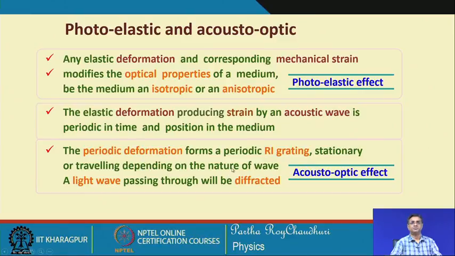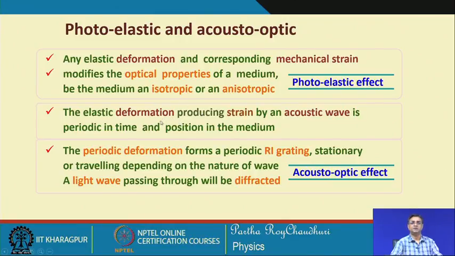We will study the effect in the case of isotropic and anisotropic media, and in terms of various configurations of the acoustic wave through the medium, whether it is a longitudinal wave or a shear wave. But by now we realize that it is important to understand the elastic deformation and how it is connected to the changes in the optical properties through a change in the permittivity of the medium.